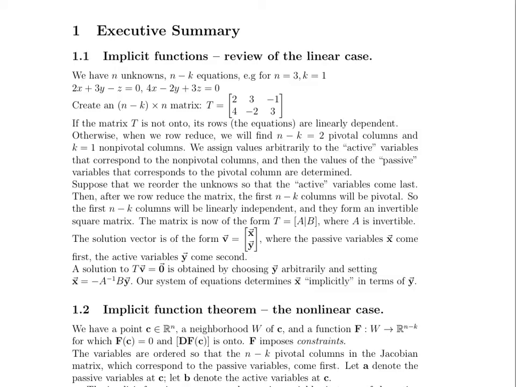And that's why they're passive. They get decided on by whatever the values of the active variables happen to be. And so here our system of equations determines x implicitly in terms of y. So this up here, x being the passive variables and y being the active variables.